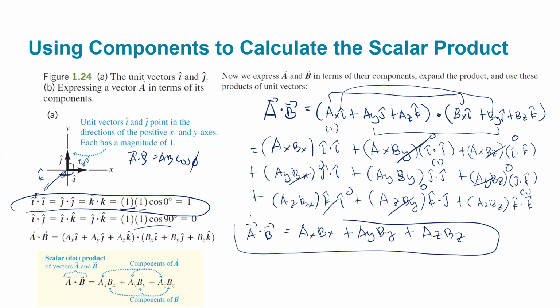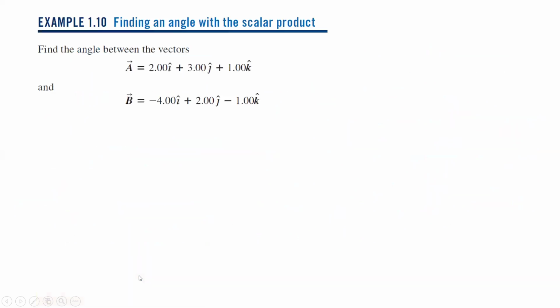Okay, so if you are now in component form, the scalar product of two vectors is just the sum of the products of their components.